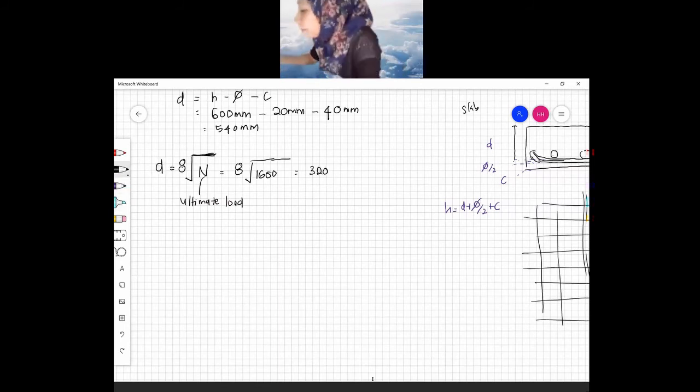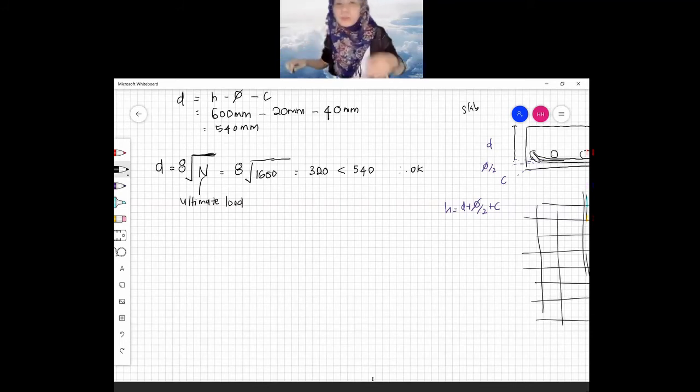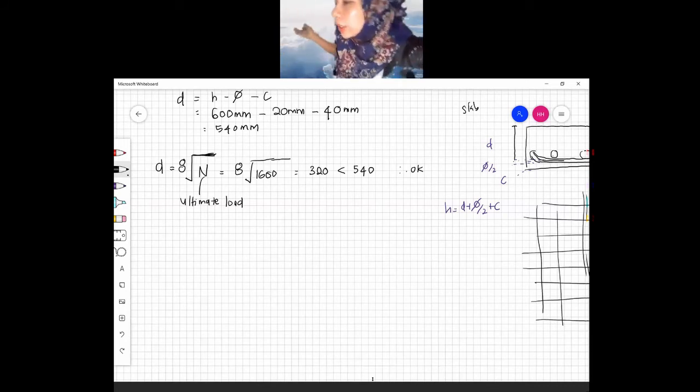You compare kan this D dengan D yang kat atas ni. Okay. D ni, you punya formula mesti lebih rendah daripada this 540. Okay. So bila dia lebih rendah maksudnya okay lah. Kalau dia lebih tinggi maksudnya you punya preliminary check for sure dah fail pada awal. Maksudnya obviously punya punching shear and transverse shear probably akan fail juga nanti bila you kira yang akan datang.